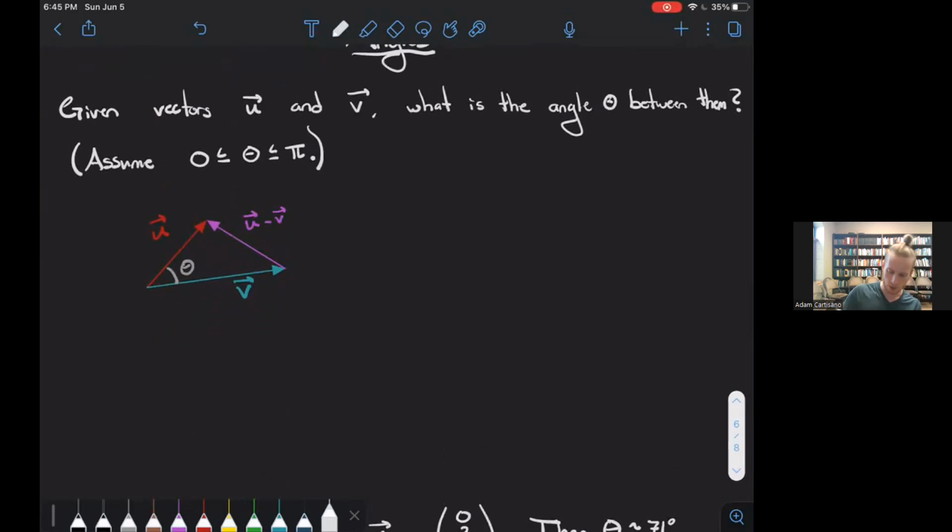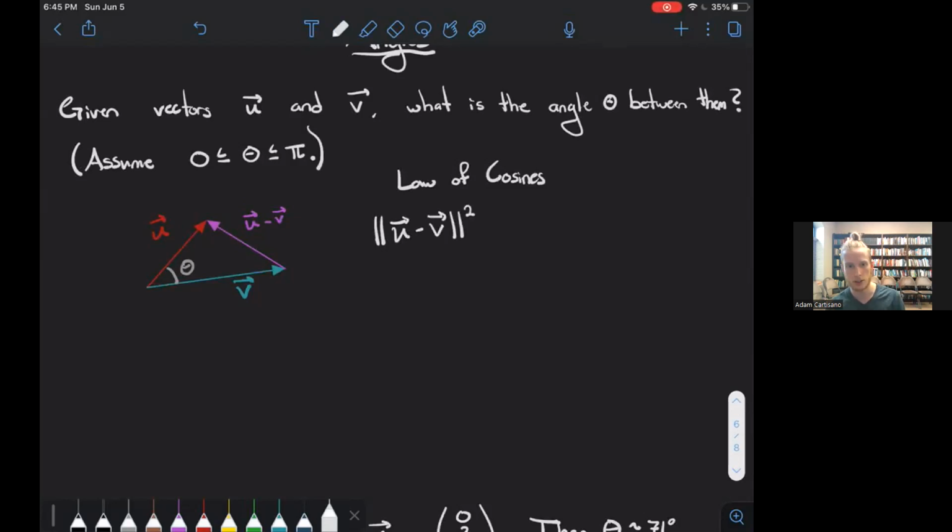So what we'll do is we'll appeal to the law of cosines, which is, in my opinion, one of the highlights of a trigonometry course. I'll state it in terms of vectors, but I won't go into the details of the geometry behind it. It basically says that the norm of one of the sides, u minus v, squared.